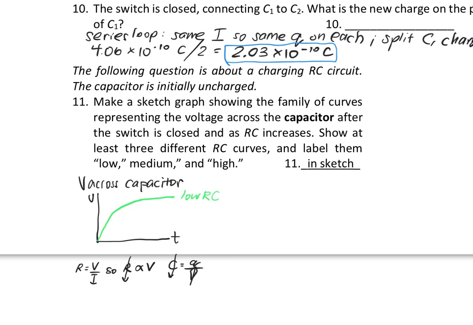When I say R is V over I, a lower resistance across the resistor, so R of the resistor is low, then V across the resistor is low.